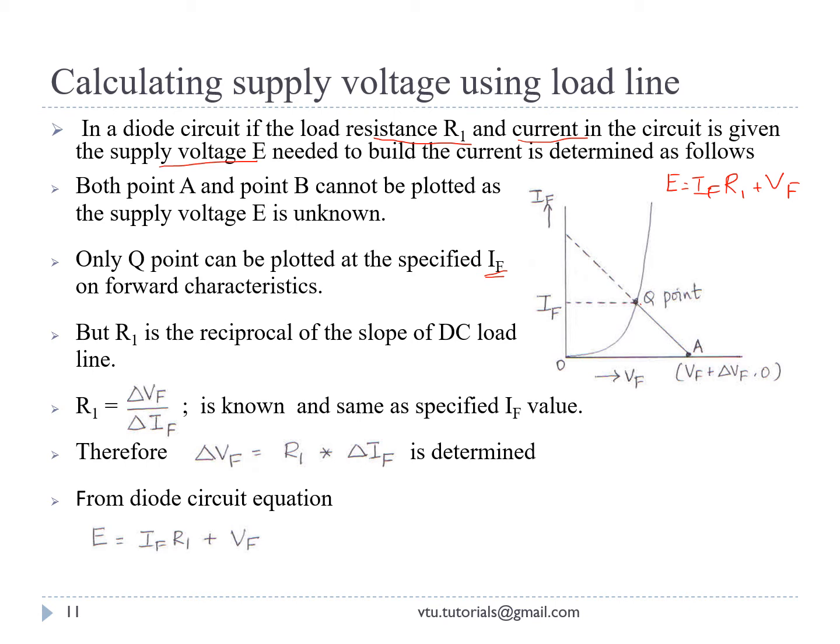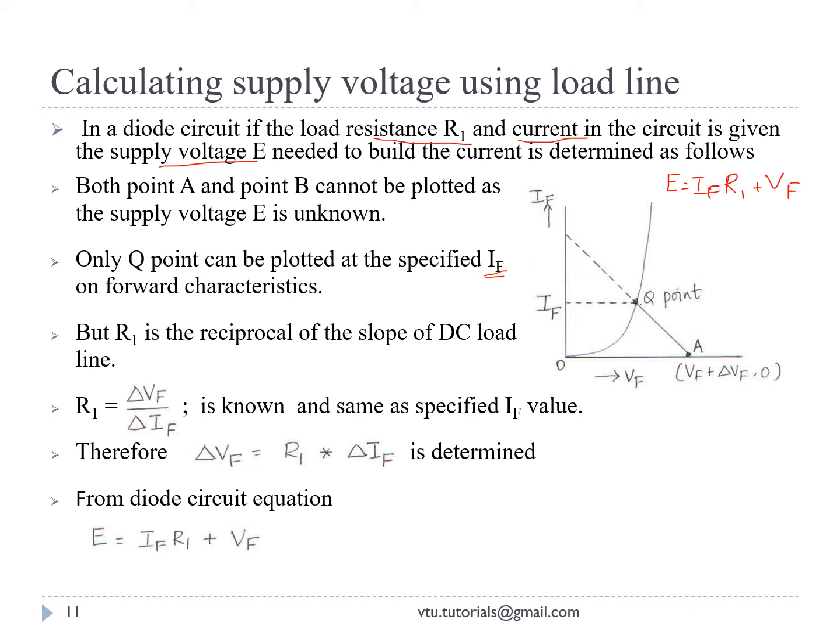This is known and same as the IF value. Therefore, delta VF is equal to R1 into delta IF. Knowing R1 and delta IF, we will consider delta IF to be the total current, 0 to IF itself. That gives us the incremental value of delta VF, right?